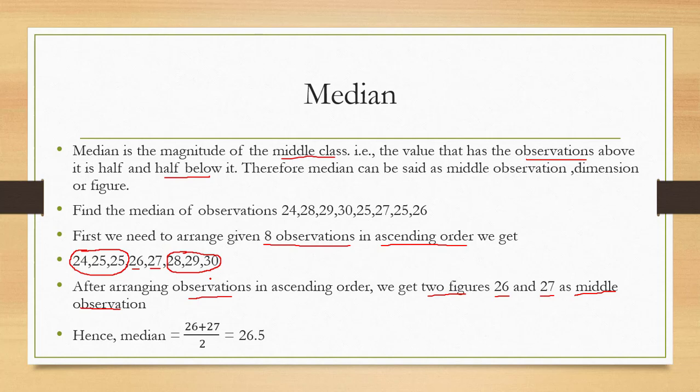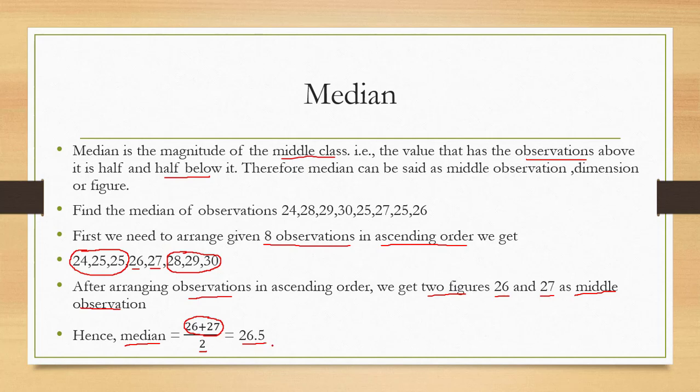So if there are 2 figures as the middle value, then we can find the median as the summation of these 2 observations, that is 26 plus 27, divided by 2. We will get the median as 26.5.